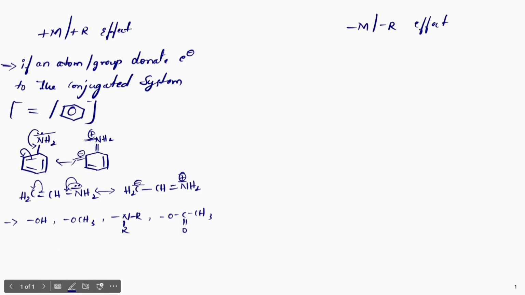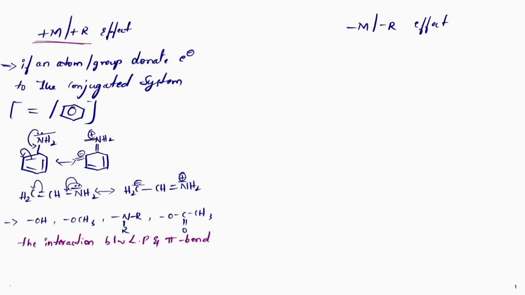So in positive mesomeric effect, what actually happens is the interaction between lone pair and pi bond is taking place. This is nothing but positive mesomeric effect.